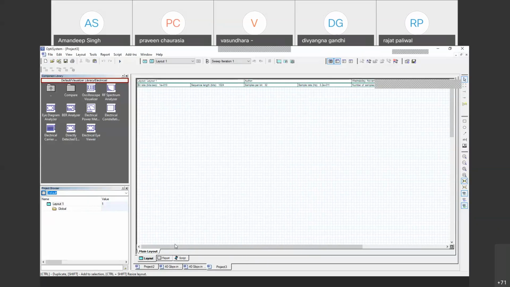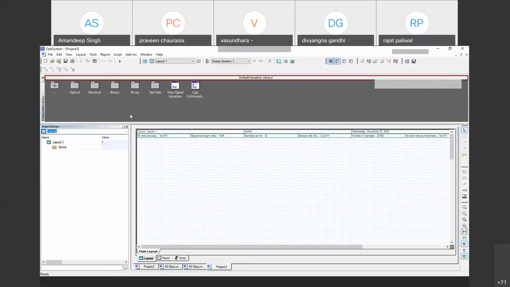But you should be careful regarding the setup of the pulse generation components.